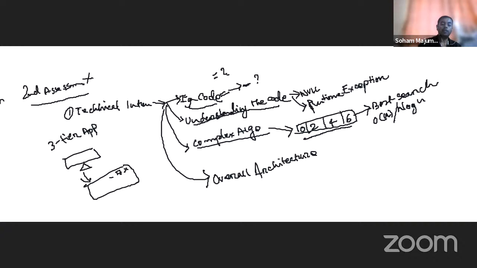That page will be rendered back from a server, and that server is again connecting to a database. How this communication is working, on a very high level, you all need to understand that.